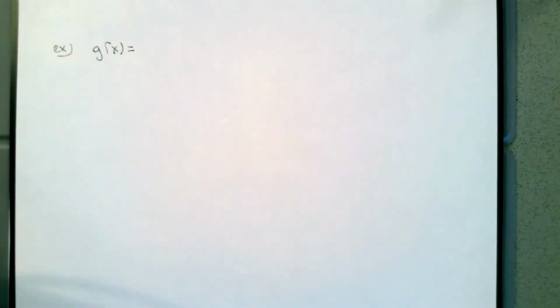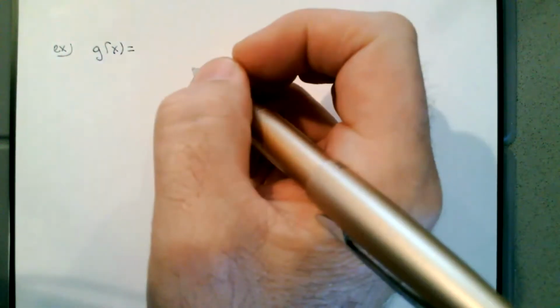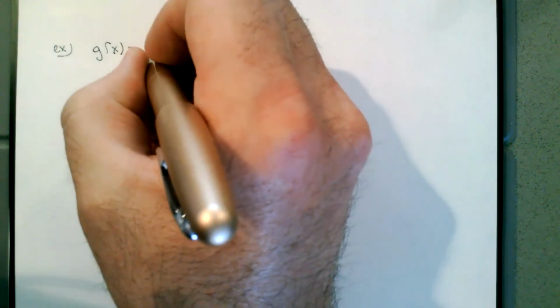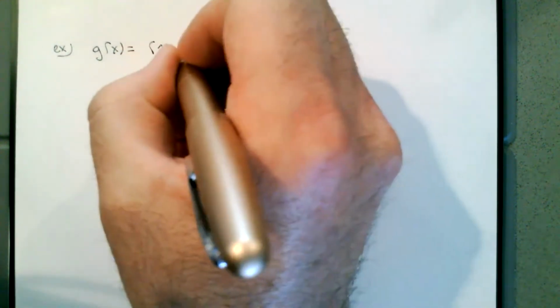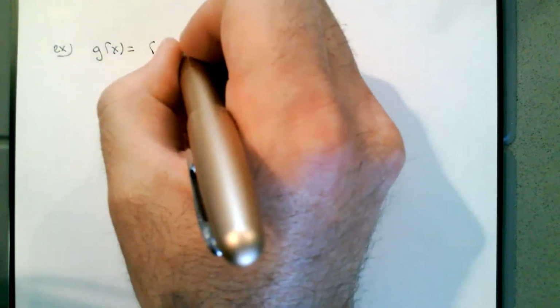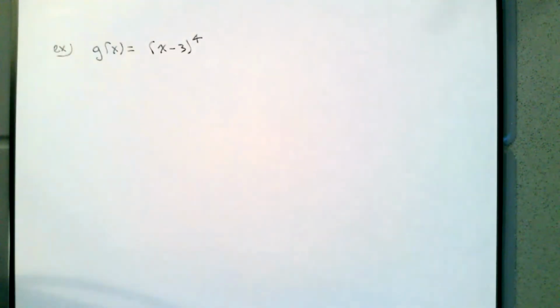Let's suppose that g of x is equal to, let's see, which one did I want? So let's say that g of x is equal to, I'm just going to cheat, x minus 3 to the 4th power.